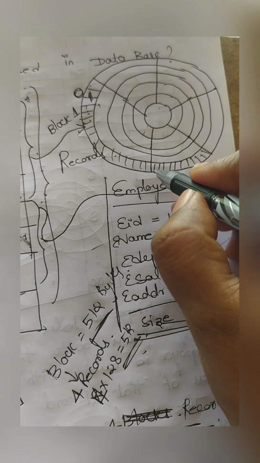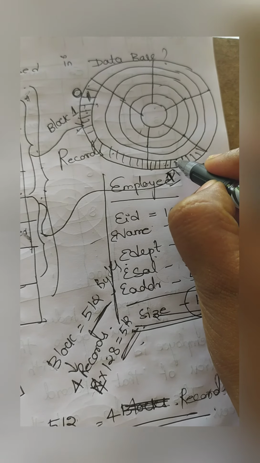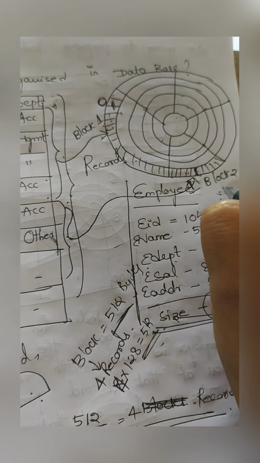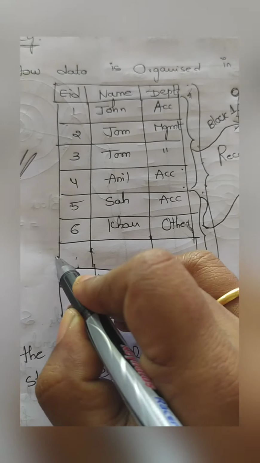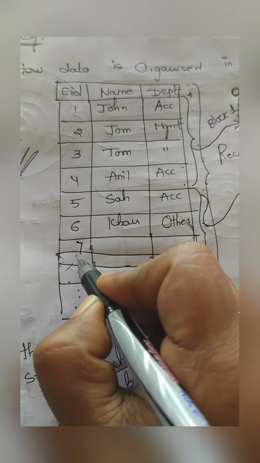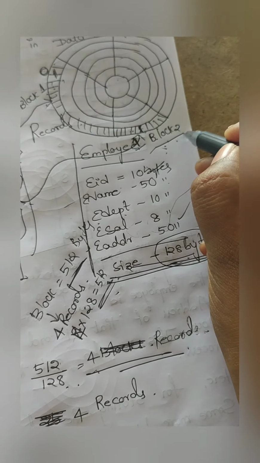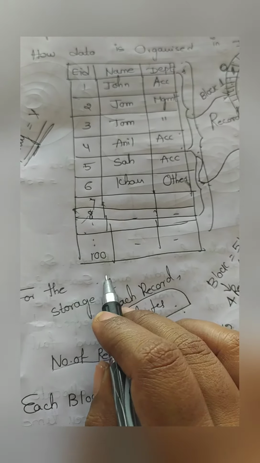Here is block 2, the first sector, first track. So one track may contain block 2, that is records 5 to 8. This block 2 may contain another 4 records, and so on up to 100 records.